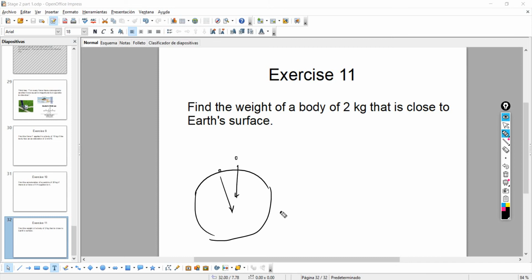If the object was here, then the force would be applied in this direction and so on. And this force is known as the weight of this body.